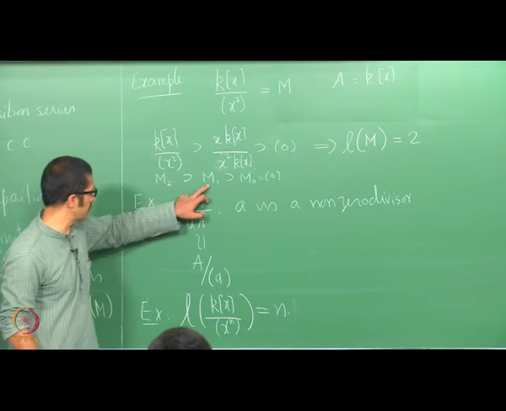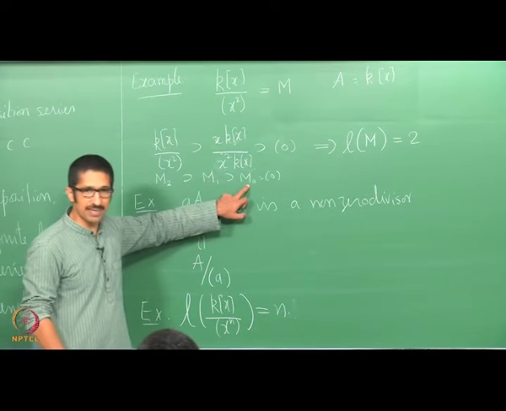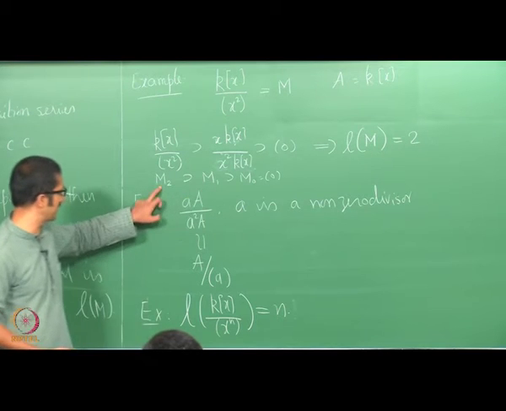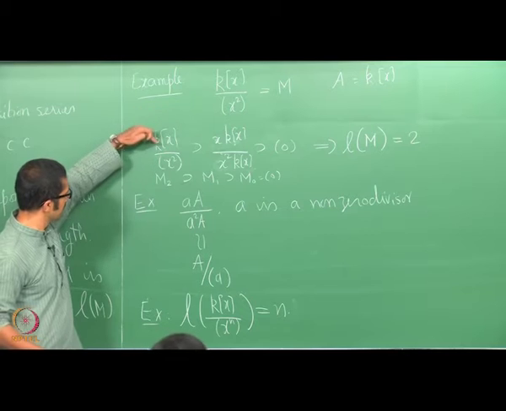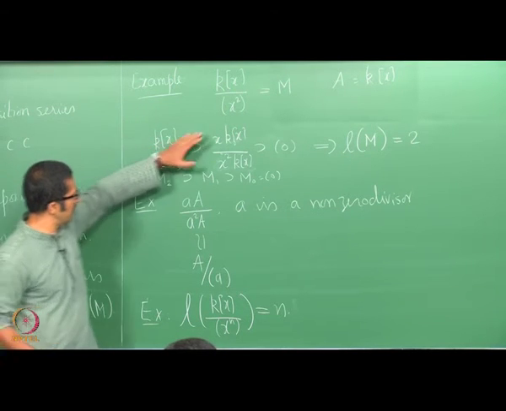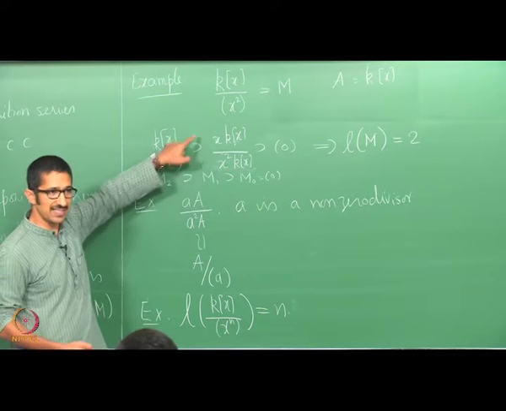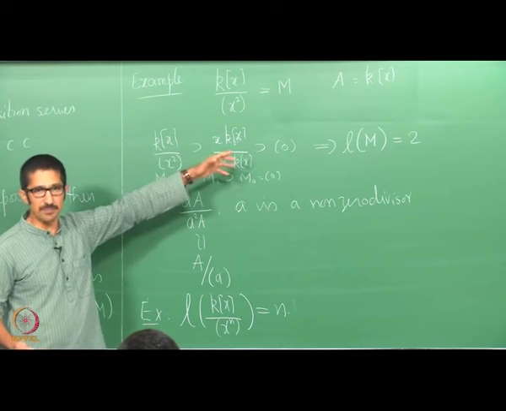If M2 mod M1 is simple and M1 mod M0 is simple, where M1 mod M0 is M1 itself. So, M1 should be simple and M2 mod M1 is simple. Now, what is M2 mod M1 here? M2 mod M1 is kx mod x square mod x kx mod x square, which is kx mod x, which is K. It is a simple module.